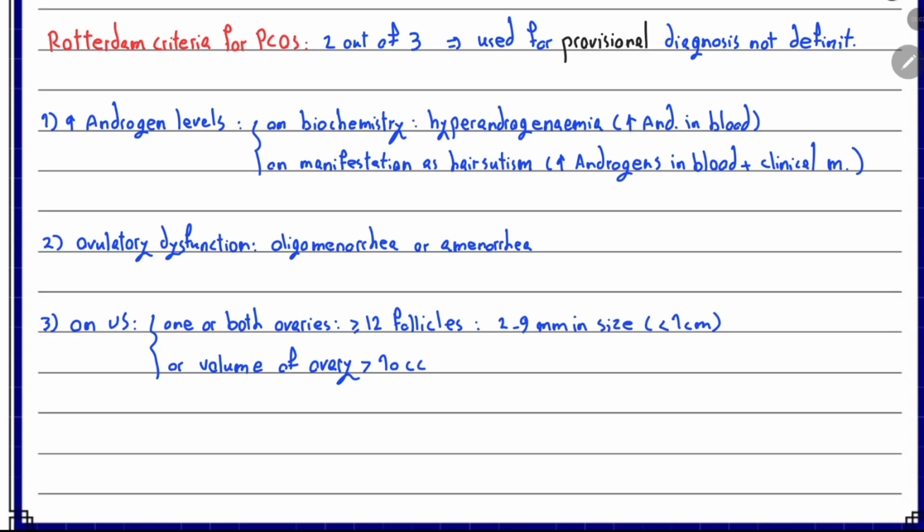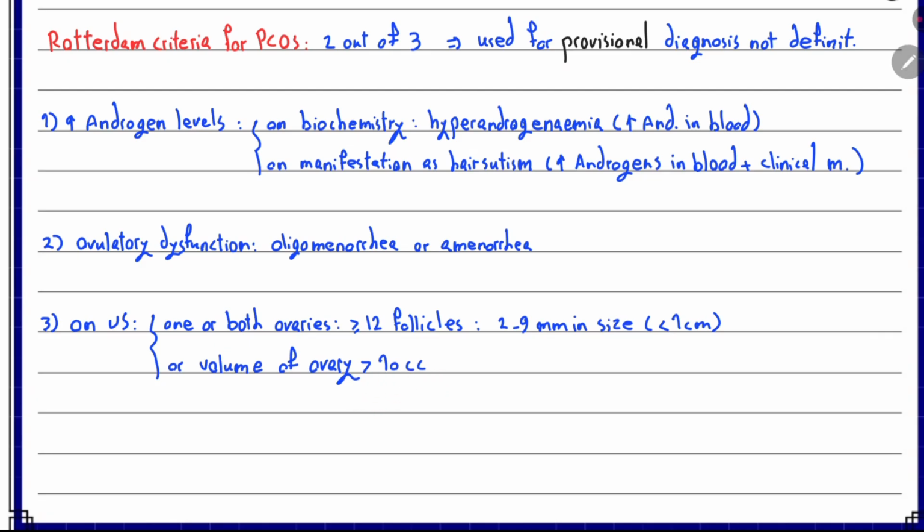On ultrasound also we can see on both or one of the ovaries 12 or more follicles, and the size of these follicles is less than 1 centimeter, or according to some references between 2 to 9 millimeters, or the volume of the ovary is more than 10 cc.